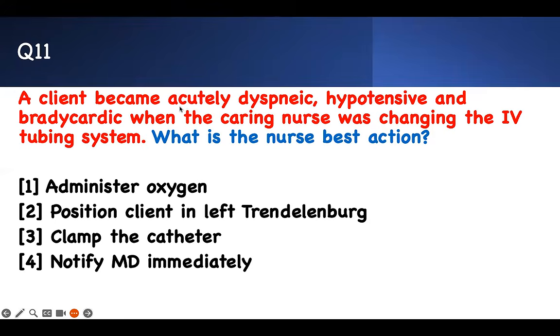The client became acutely dyspneic, hypotensive, bradycardic when the nurse was changing the IV tubing system. What is the nurse's best action? All of a sudden, the patient is short of breath, hypotensive, bradycardic. What do you think?